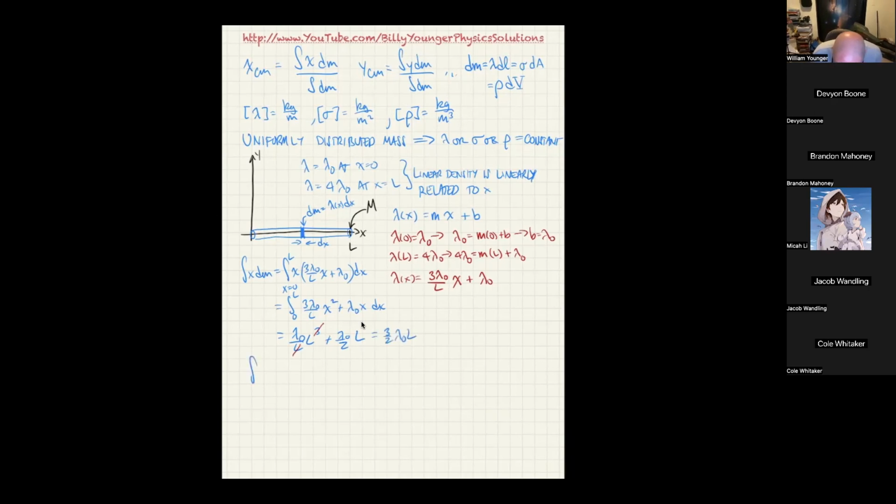The bottom integral, the integral of dm, is just the integral from 0 to L of 3 lambda 0 over L x plus lambda 0 dx.